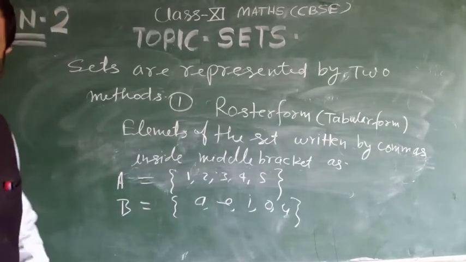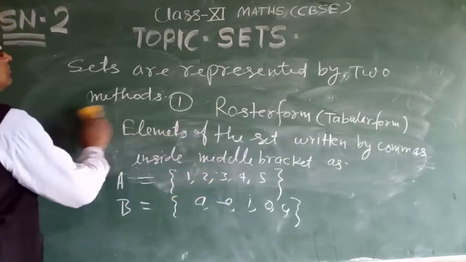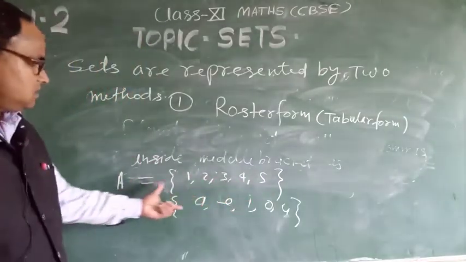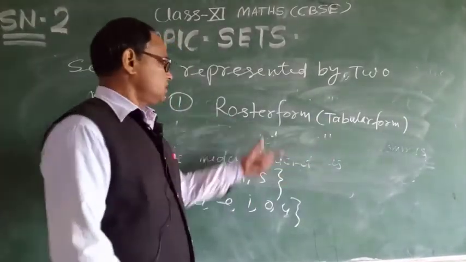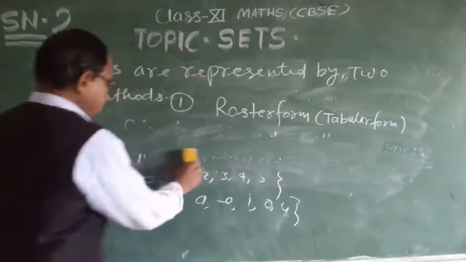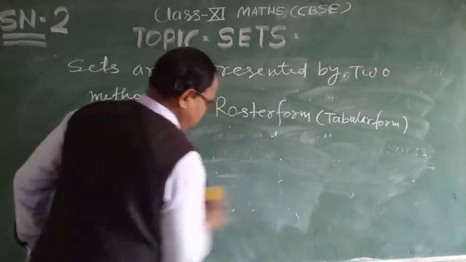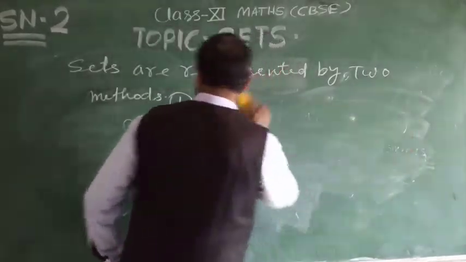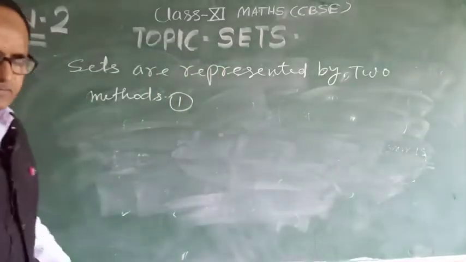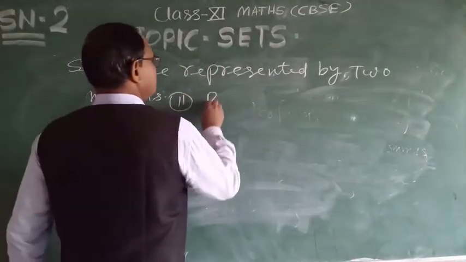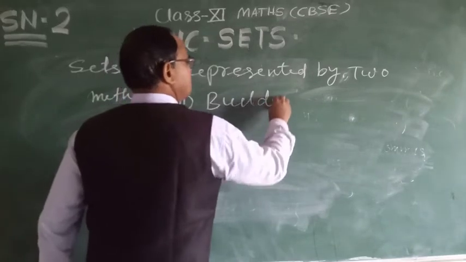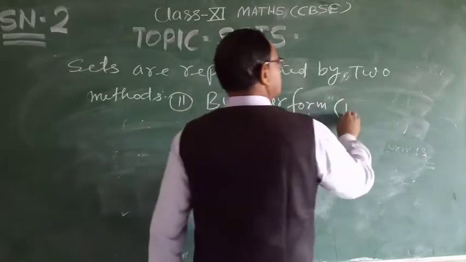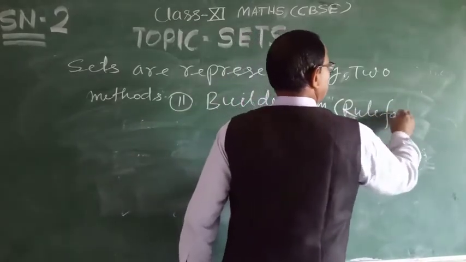After this, this is also known as tabular form or roster form. In this case, elements are written with commas. After this, the second is builder form, also known as rule form.